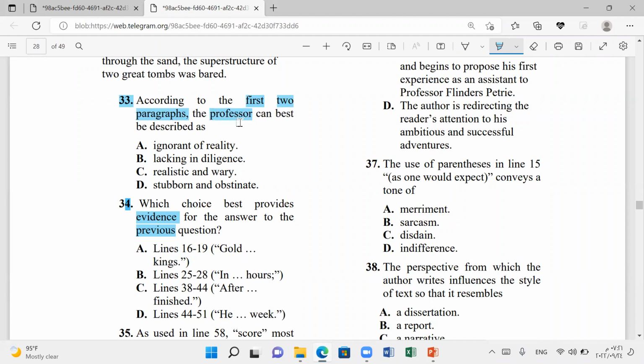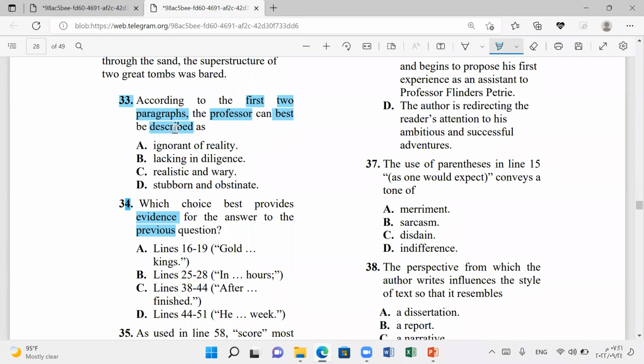So I got to know that my question is mainly focusing on a certain professor mentioned in both paragraphs. Can best be described as. Okay, so I have nothing else mentioned other than the word best. So you need to go for the best description, the best answer. Okay, a best what?